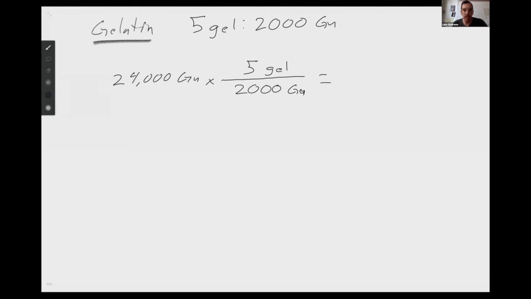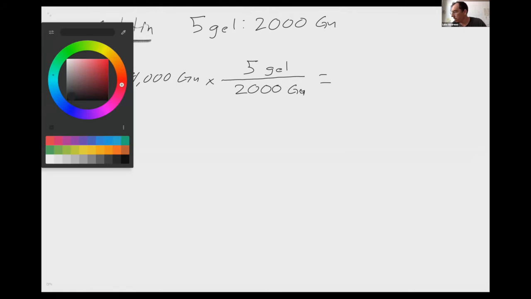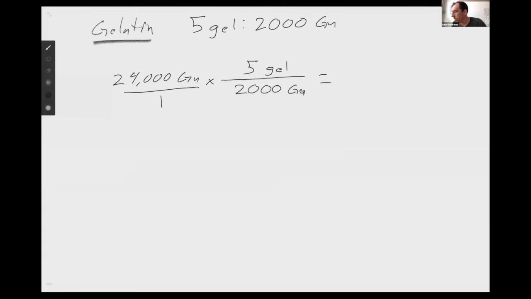So then we just got to put that in our calculator. Reminder, this is over 1. So gummies cancels gummies. We're left with the unit gelatin. So let me just do a quick calculation. 24,000 times 5 divided by 2,000 gives us 60 gels.